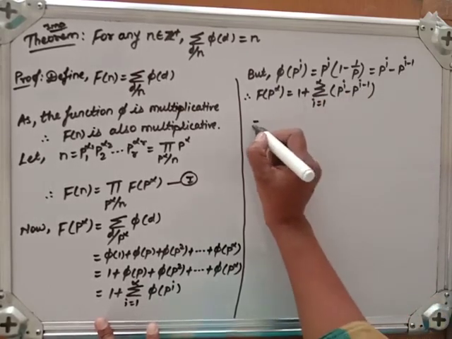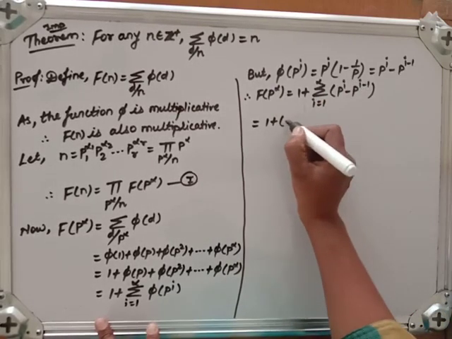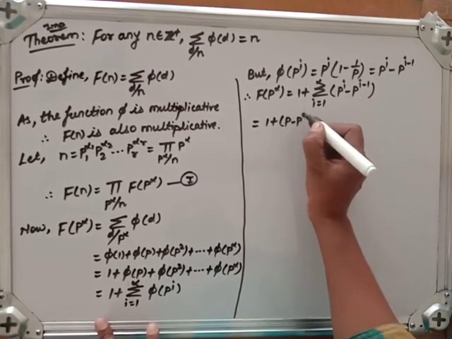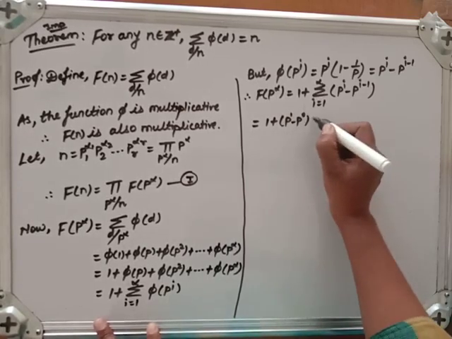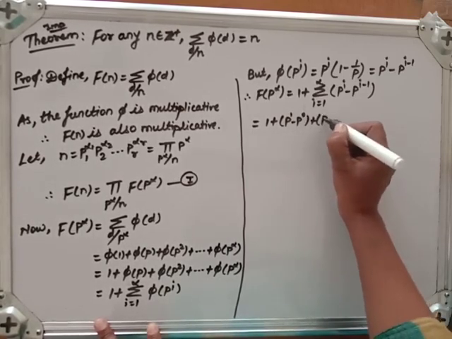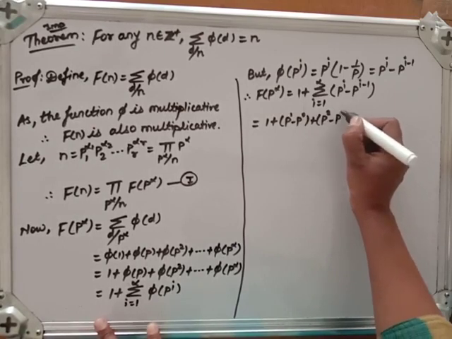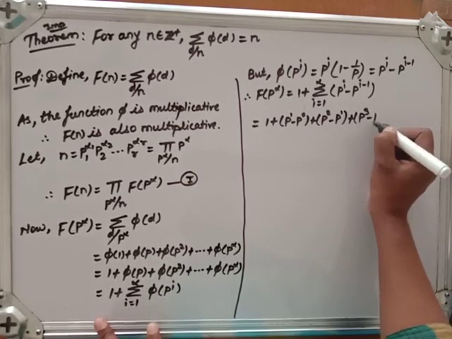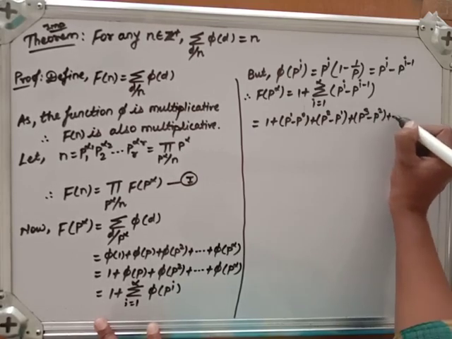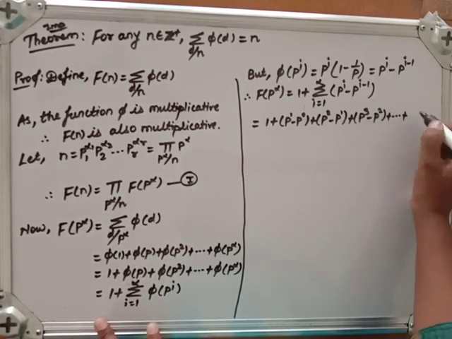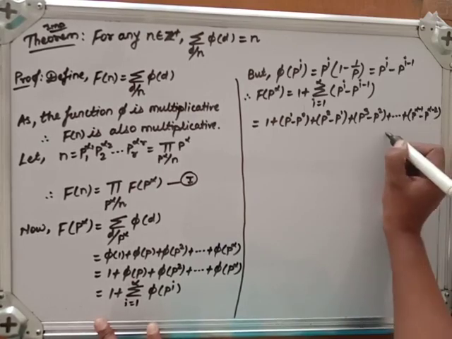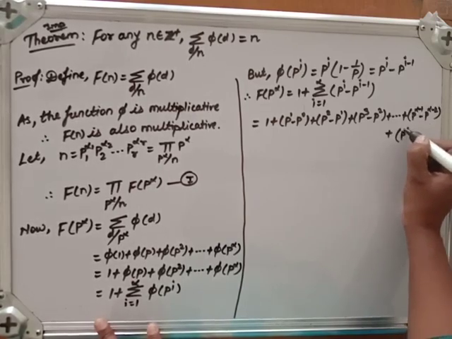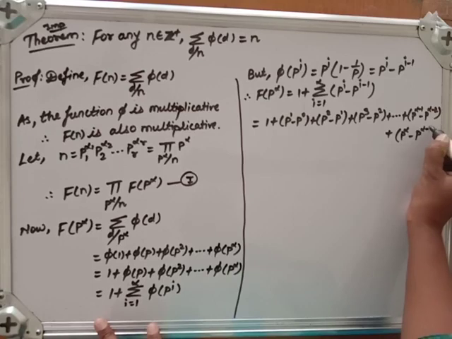So this is equal to 1 plus p minus p raised to 0, p meaning p raised to 1, again plus p square minus p raised to 1, plus p cube minus p square, and so on up to p raised to alpha minus 1 minus p raised to alpha minus 2, plus p raised to alpha minus p raised to alpha minus 1.